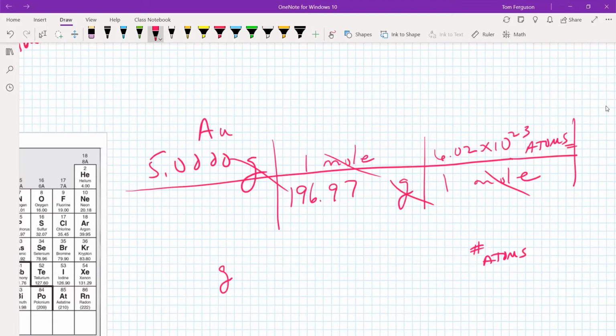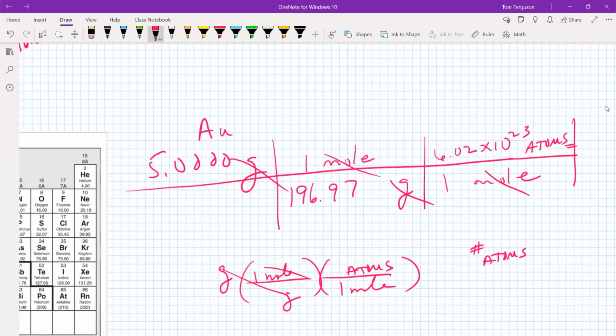So the setup is going to be done with parentheses this time. Leaves us with atoms. Now we just need to grind that out.